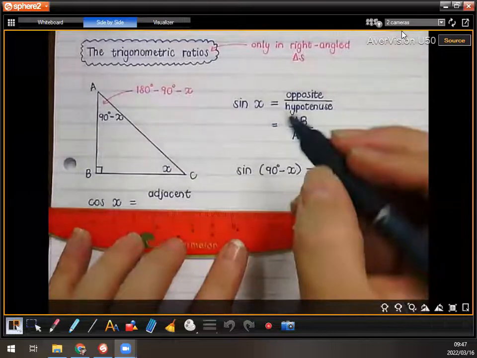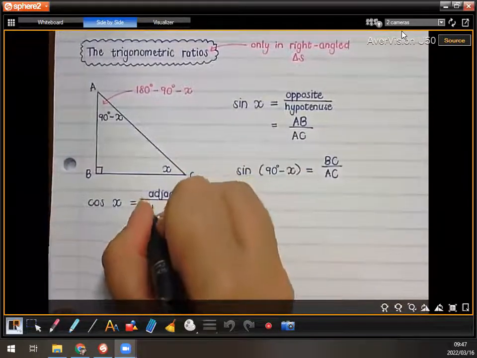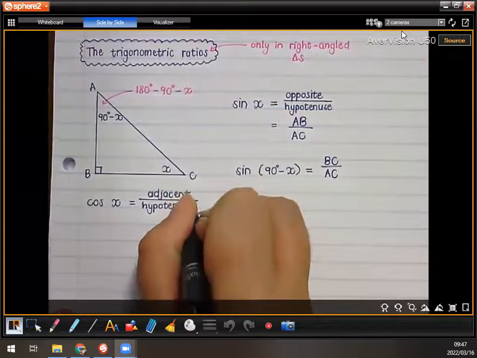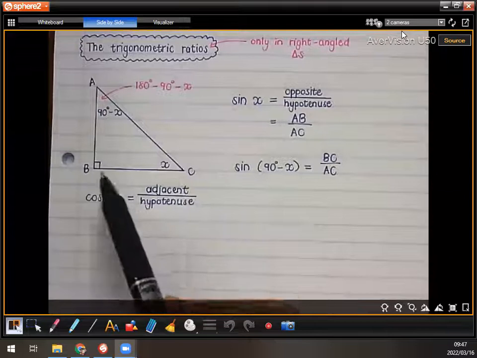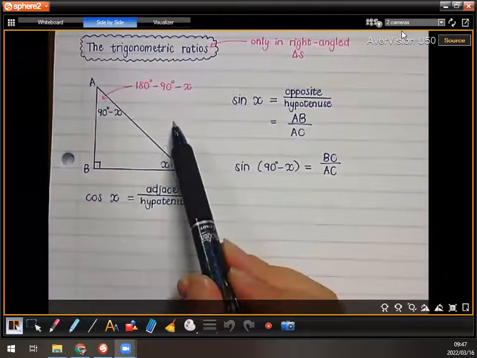Do you guys know what that word means? We'll talk about it now. Adjacent means next to. So for cos, we're always going to take the side that's next to the angle over the hypotenuse.